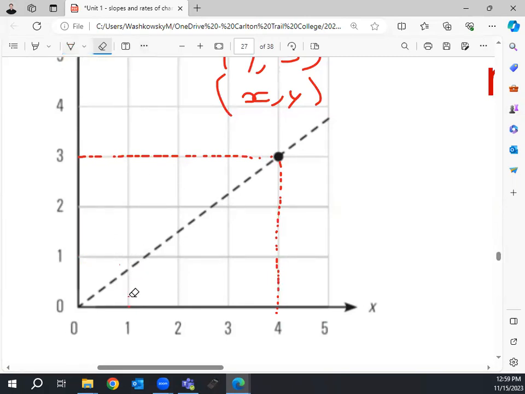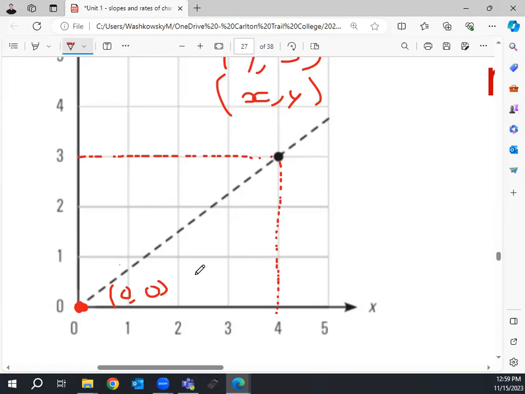A really good cheat code here that's going to work for most things is, well, this is a point. What's the x here? 0. What's the y here? 0. So it's 0, 0. That is a point. That works. It's on the line. So now all of a sudden I have 2 points. Now I can use this information to find my slope. And the reason you need 2 points is, what's the rise of this?